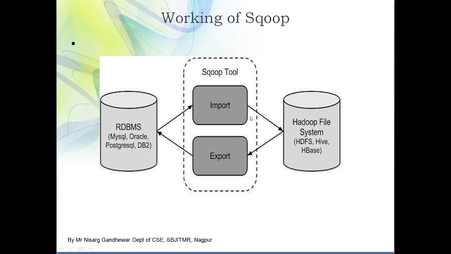And similarly, suppose we want to export data from HDFS, Hive, and HBase to an RDBMS such as MySQL, Oracle, and PostgreSQL. At that time we are also going to make use of Sqoop. So Sqoop acts as an interface between relational databases and Hadoop HDFS.